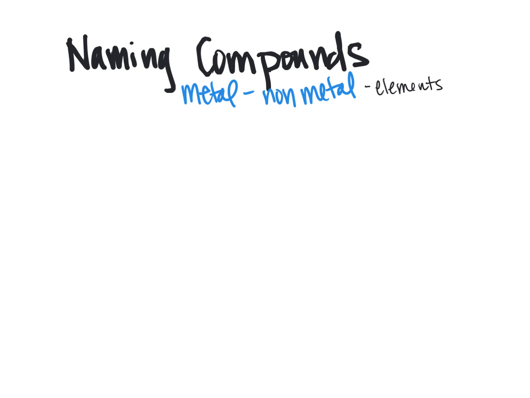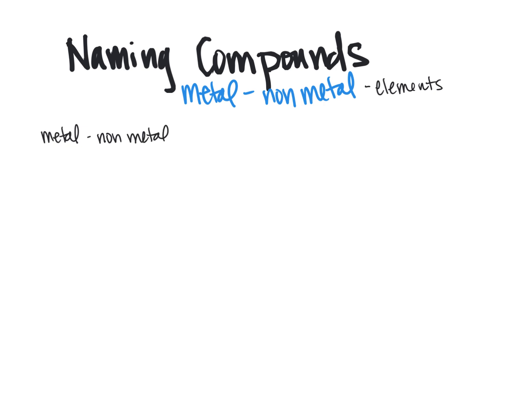The rules for how we name compounds when it's a metal, non-metal are true no matter whether it is with a polyatomic ion or a transition metal. We always write them with the metal first, followed by the non-metal.